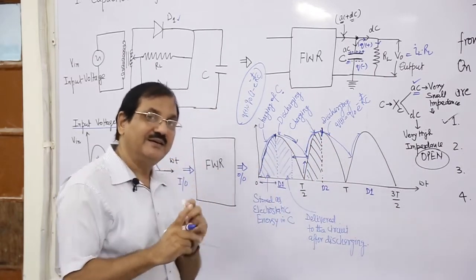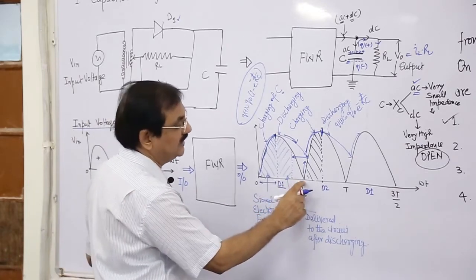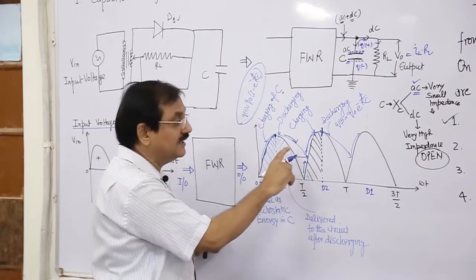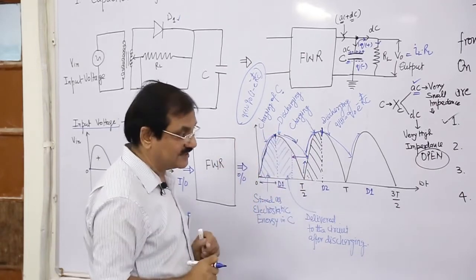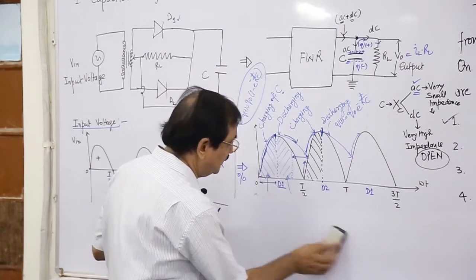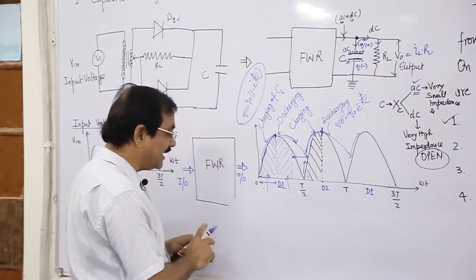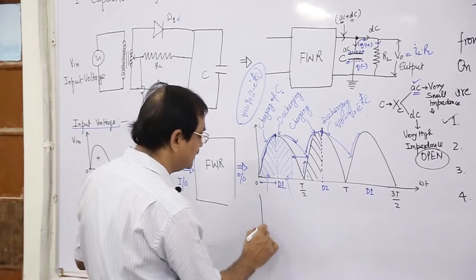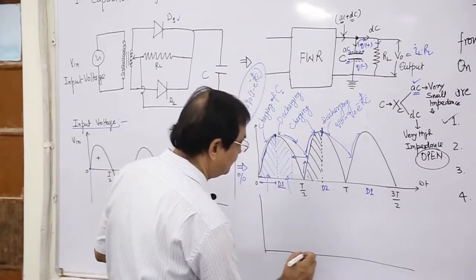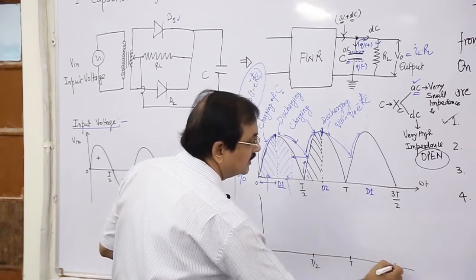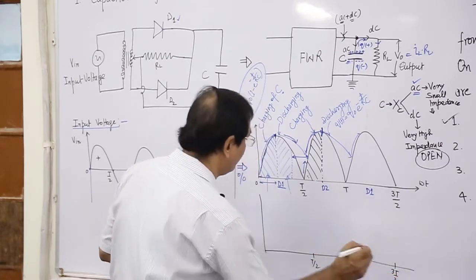So, in this way the current value will not be 0, but it will be finite at some instant of time. During this point, what kind of wave shape will there be? The wave shape is, you see, here it is T by 2, this is T and this is 3T by 2.